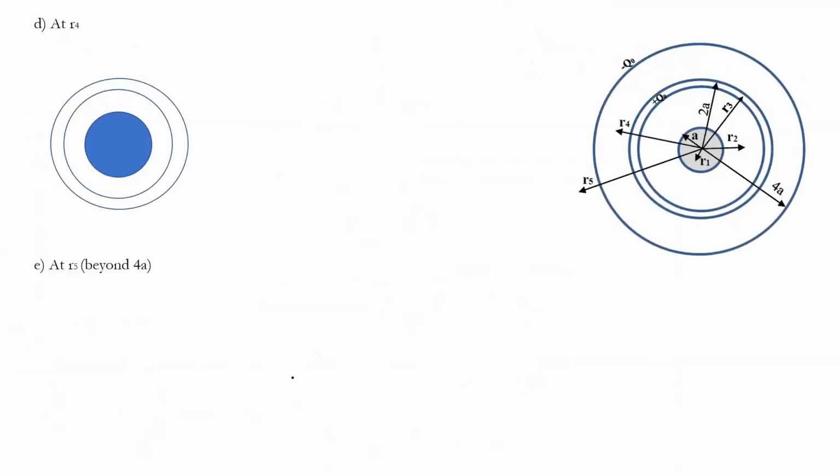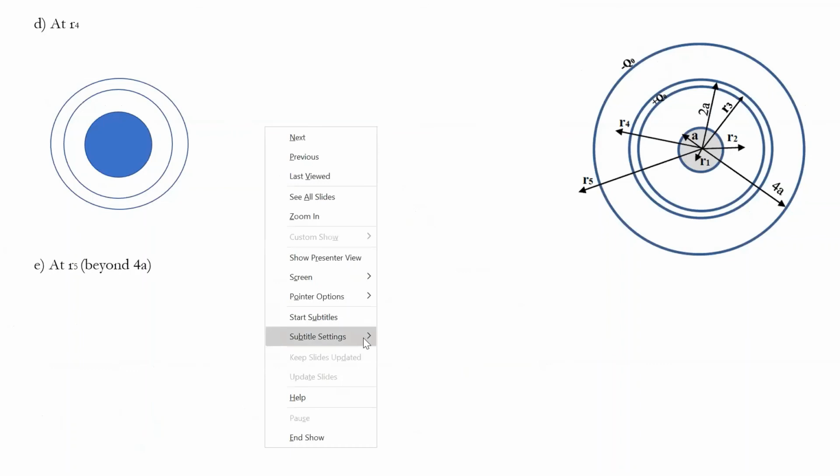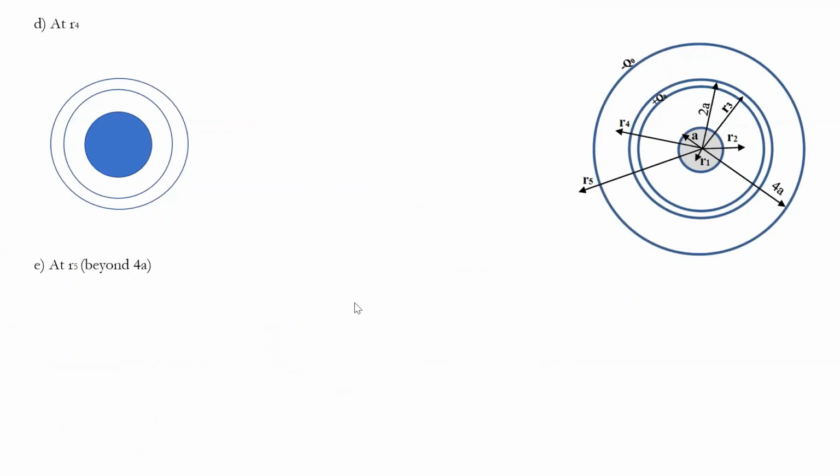So let's go to the next part. At R4. Let me check the time. So we have around 10 minutes. So R4 is here, right?